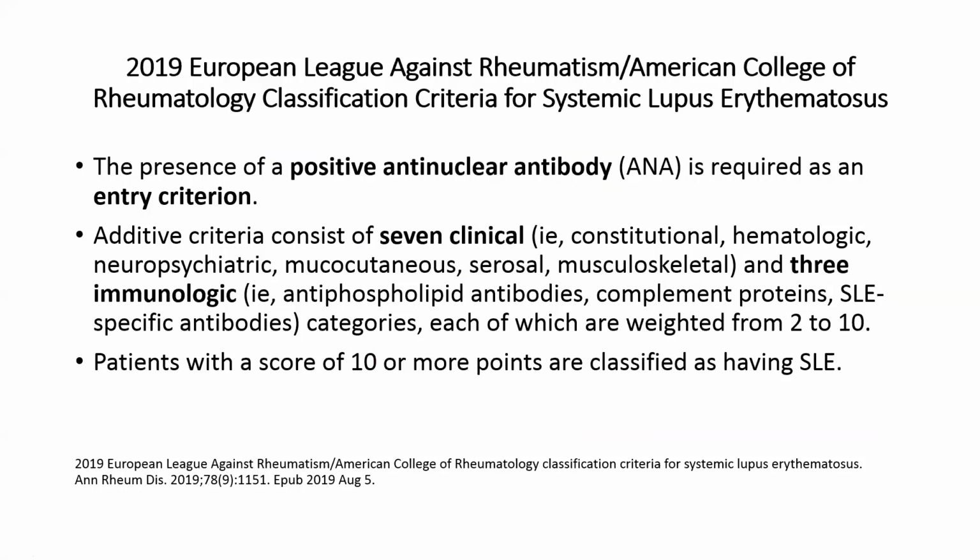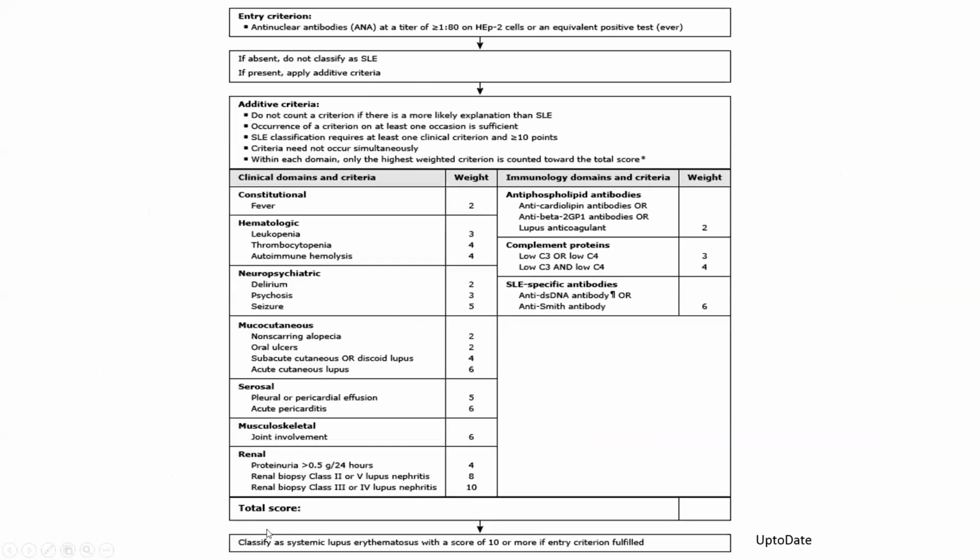Patients with a score of 10 or more points are classified as having SLE. So this slide will allow me to better explain it. ANA at 1 to 80 is required as an entry criterion. ANA at 1 to 40 has no clinical significance and therefore does not require further testing.